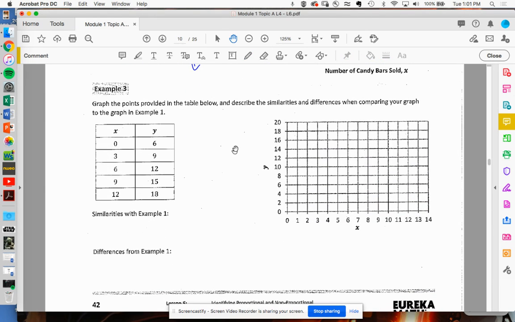This next one, let's have you plot this one. These X and Y. So plot those points. And actually do through 9. I'm going to just do through 9. We don't have to do the last one. So 0, 3, 6, 9.